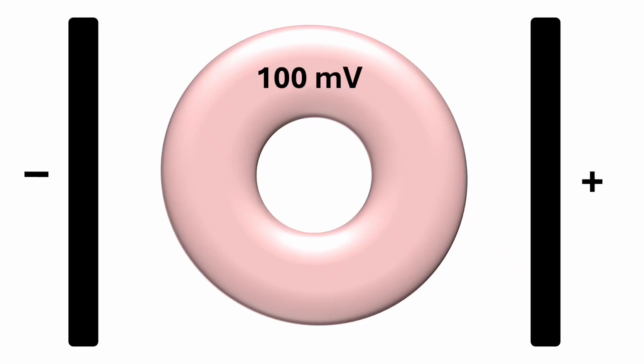The external electric field adds to the internal potential, increasing the total electric potential difference across the membrane.